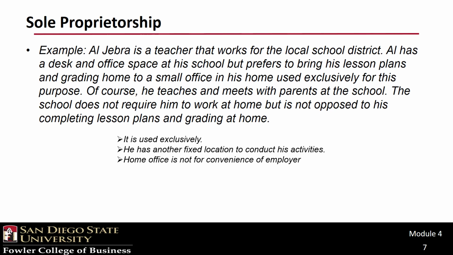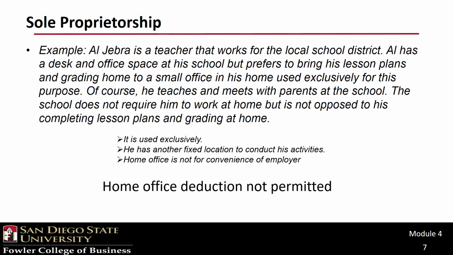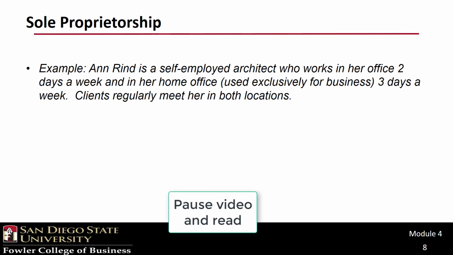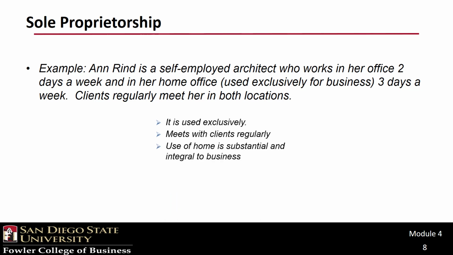So as a result, poor Al cannot take the home office deduction. All right, our last one is about Anne. Anne's office is used exclusively. She meets with clients there regularly, and that use is substantial to her business. So as a result, Anne gets the home office deduction.